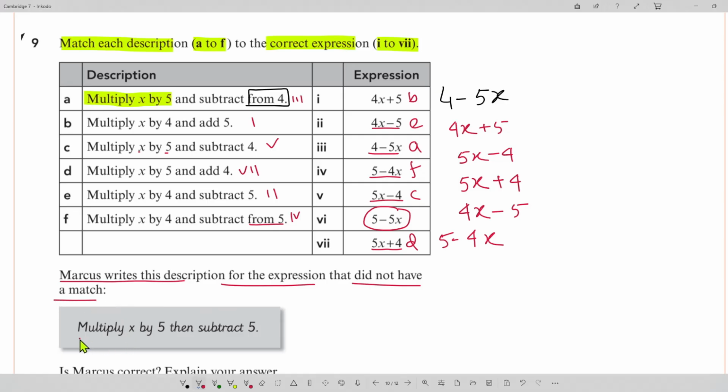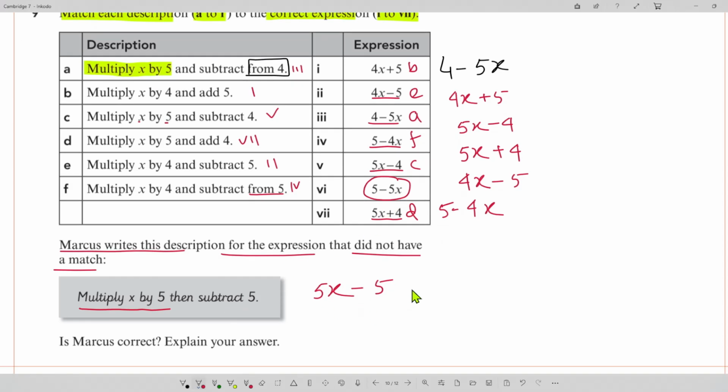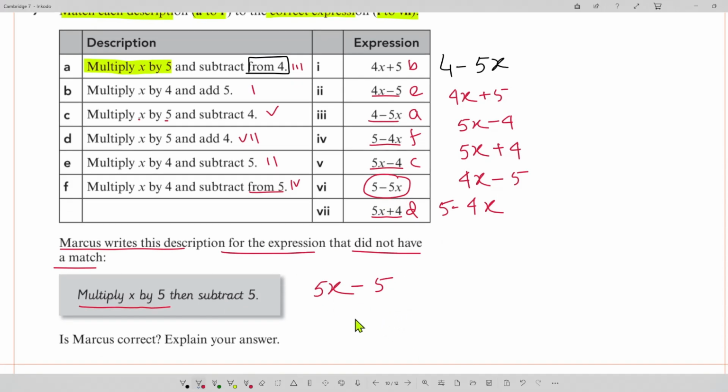It says multiply x by 5, it means 5x, and then subtract 5, but here it is 5 minus 5x, so this statement is not correct.